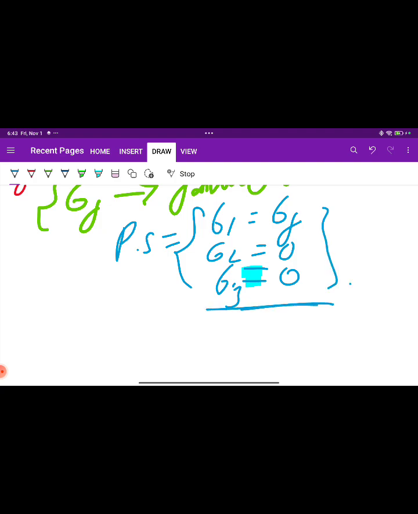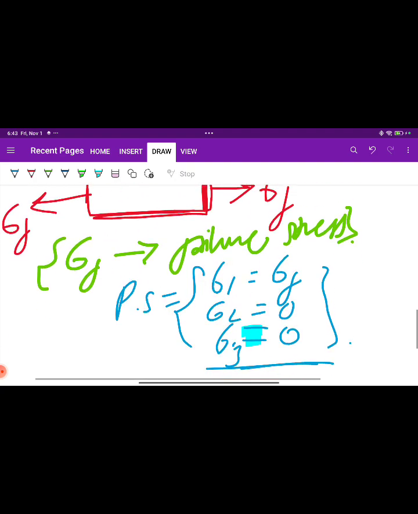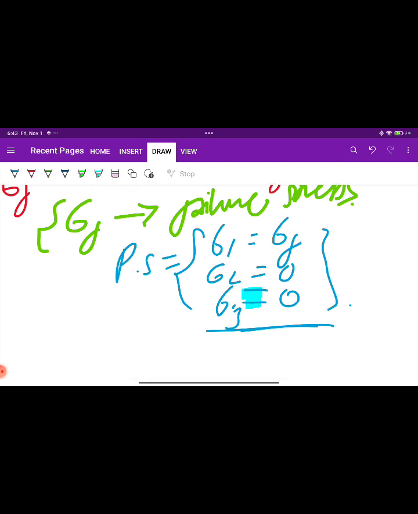So this is the condition you need to remember. At the time of failure, considering a block, the principal stresses become sigma 1 equal to sigma f, sigma 2 equal to 0, and sigma 3 equal to 0.